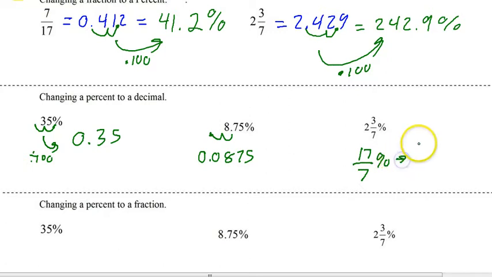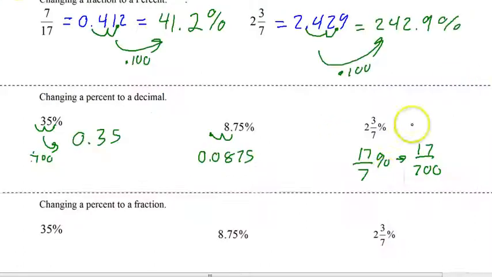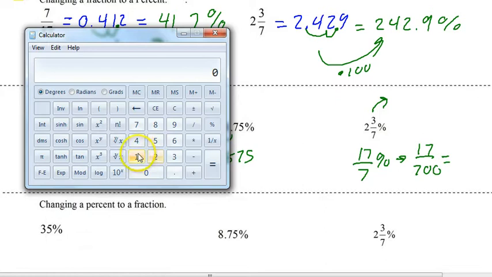So it's 17, and then on the denominator you just put 2 zeros. That's it. If you have a percent, it puts 100 on the denominator. So we have 100 on the denominator, and then we can just take our calculator and do 17 divided by 700, and that gives us 0.024.